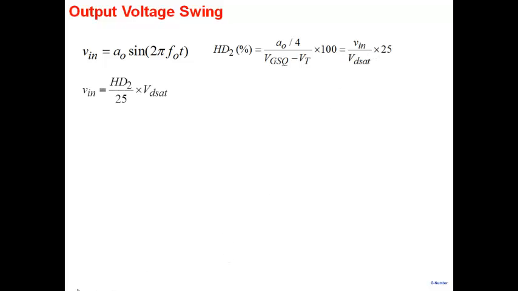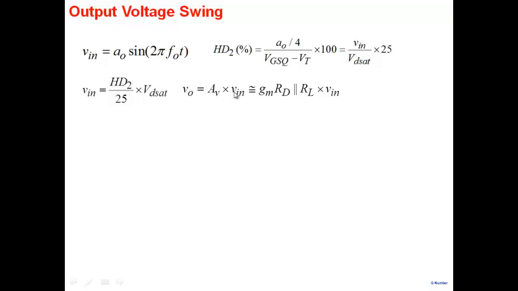The next thing is rearranging. We write Vin equal to HD2 by 25 times VD sat, and we know that V naught is equal to AV times Vin. So for a particular harmonic distortion, if you have a limit on HD2, say 5% or 10%, then it puts a limit on Vin, how large an input voltage you can apply, and therefore a limit on how large an output voltage you can get, because V0 is directly related to Vin through AV times Vin.